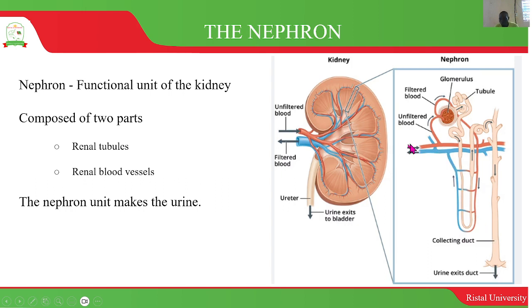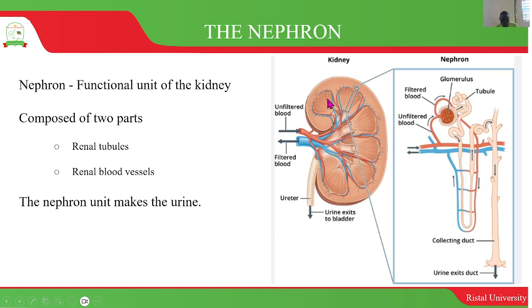The arrows here tell us the direction of movement of blood. The one in red is for the arteries, and the one in blue is the vein, which are going in the reverse direction. So blood goes in and then blood leaves.